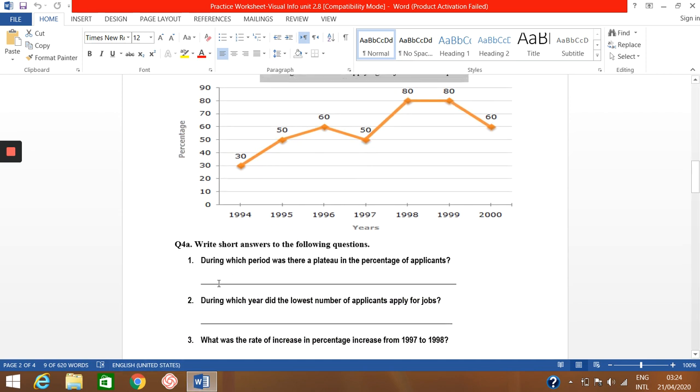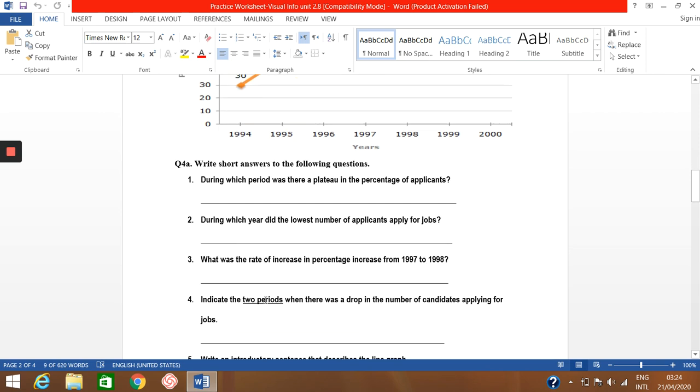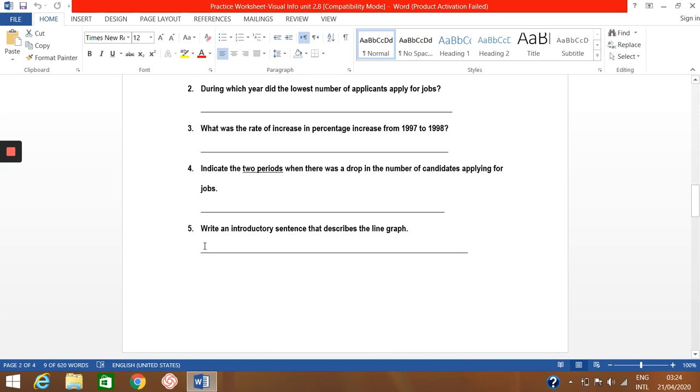So in that case, if you want to answer the question, it reads like this. You could write something like this. You could say, this line graph shows, or displays, or illustrates, you just need to use one of them, the percentage of candidates applying for jobs in oil companies over a 7-year period, if you want to stop here.